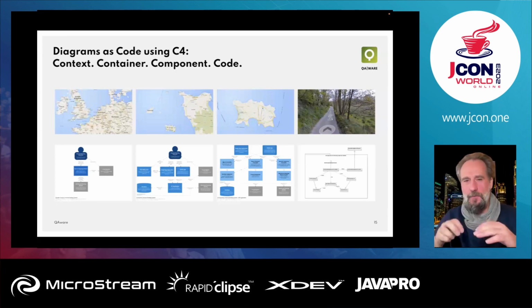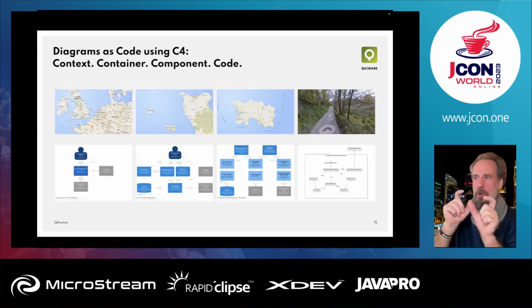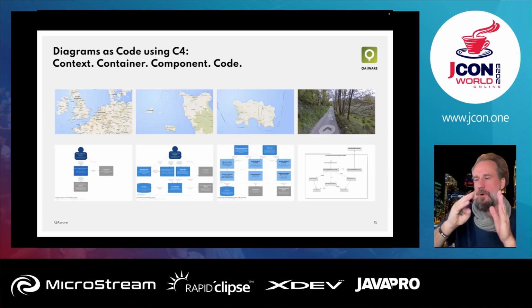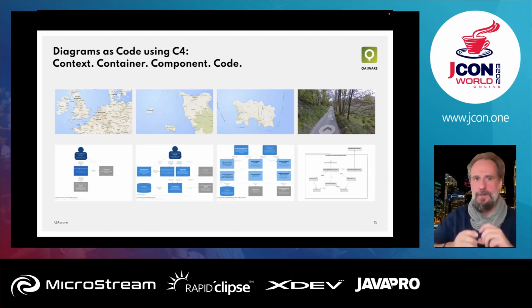So what you should aim for is that at least the components have some logical representation in the code, maybe as a package or maybe as a jar module you have in your build system or something. So if you map the component view onto your source code, then that should be the most obvious way of navigating between these things.